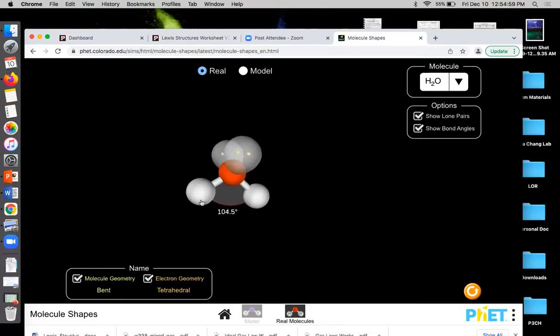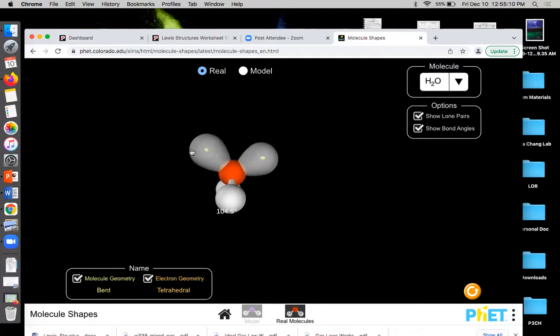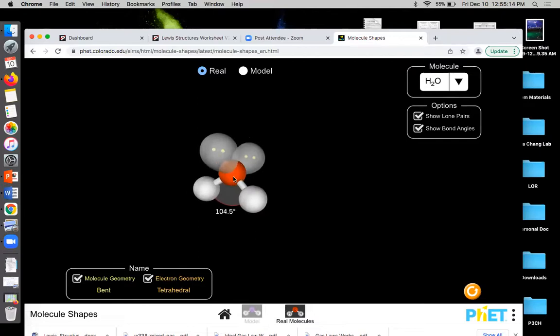Well, that exact value is 104.5. You guys don't need to know this piece of information. You just need to know that if there are lone pairs present on your central atom, then the theoretical bond angle is going to be less than what it should be.